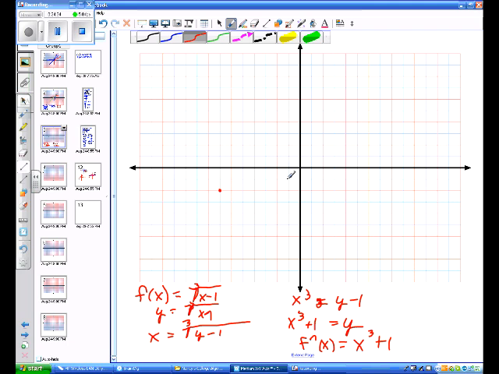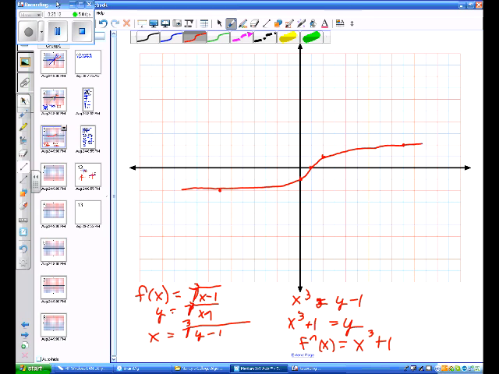If we're at -1, -1, we shift it 1 unit to the right. 0, 0, we shifted 1 unit to the right. We normally have 1, 1, and so we would shift that 1 unit to the right. And then we usually have 8, 2, because the cube root of 8 is 2, but then we're going to shift that 1 unit to the right. So this would be our function that we started with.